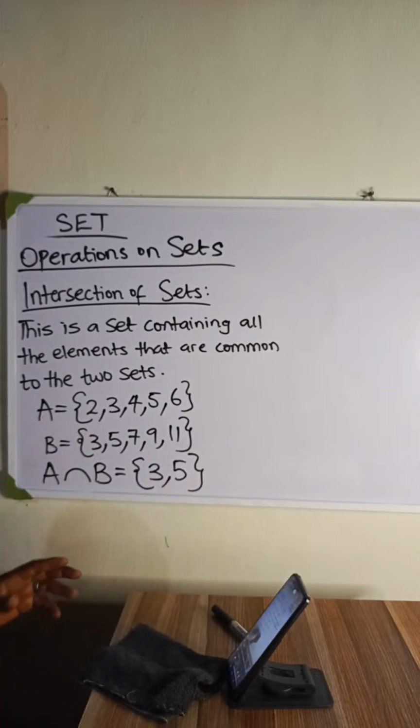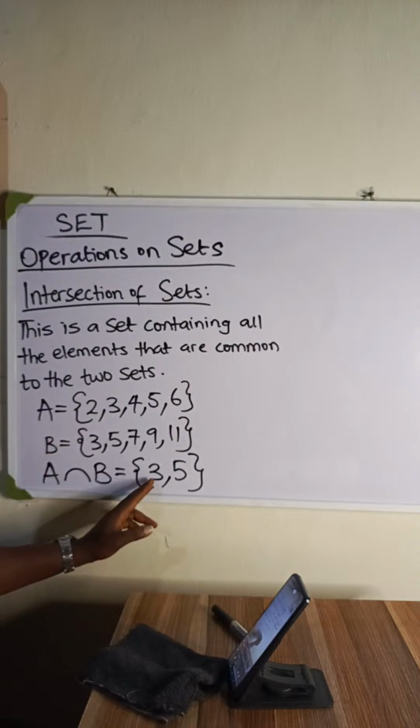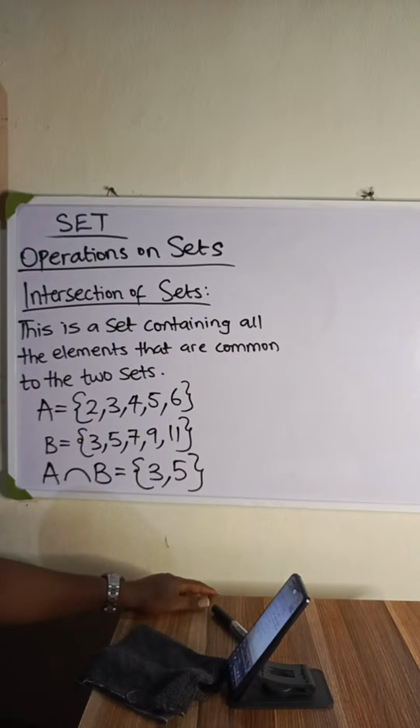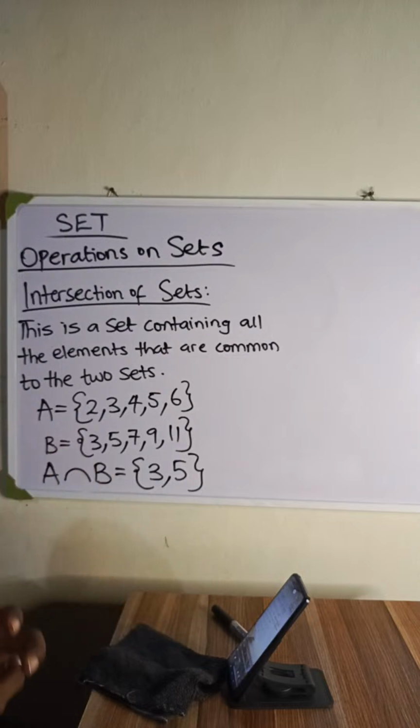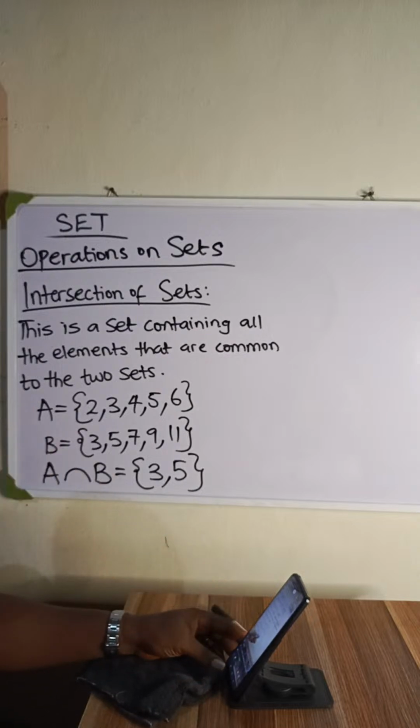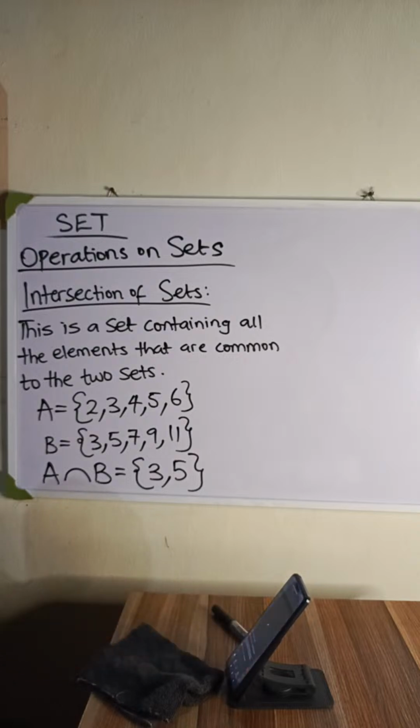So that means A intersect B contains 3 and 5 because the intersection of two sets contains the elements that are common to both sets. Okay?